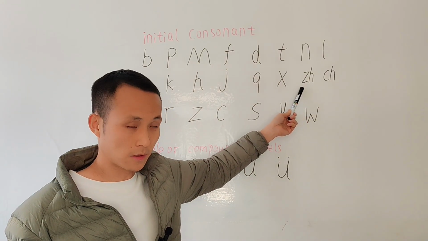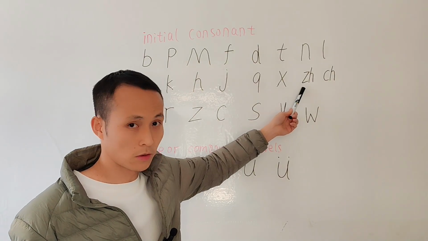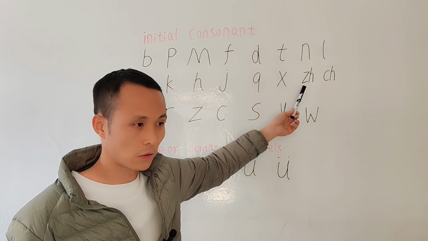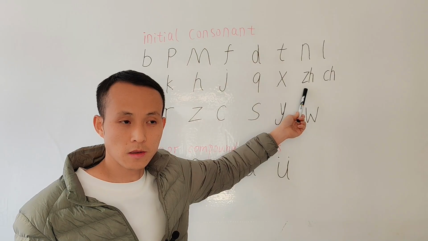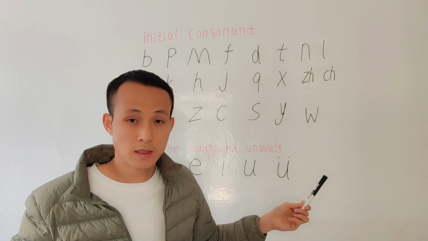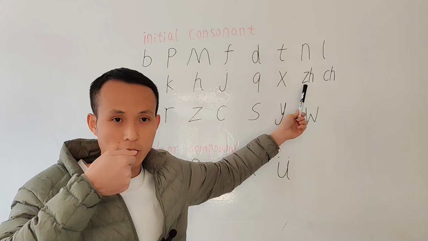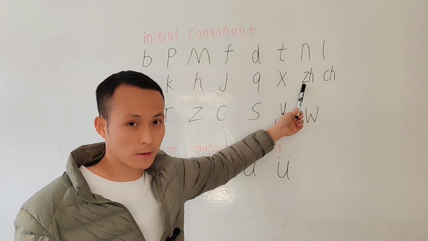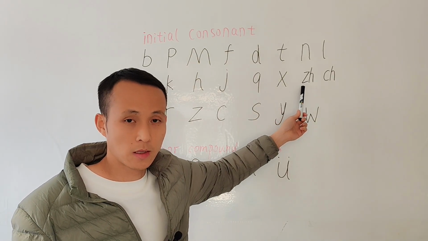Okay, this one is hard for English learners because there is no such phonetic in English. So how to read this? Zh, zh. You need to roll your tongue inward. You need to roll your tongue to read this correctly.